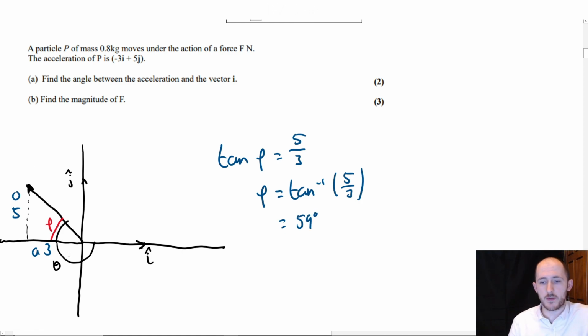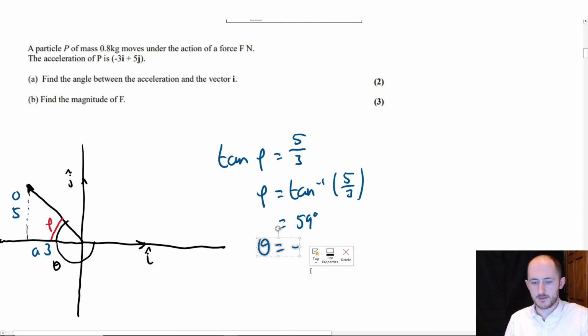And again, because we're actually looking for the angle between the acceleration and the vector i, we're actually going to add 180 degrees on. And that will be our final answer. So actually, let's write it in black.